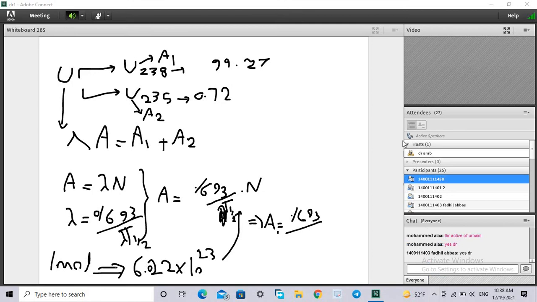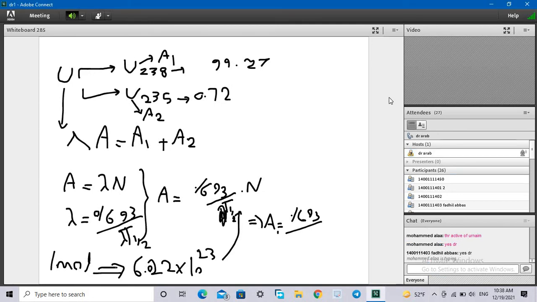Okay, A1 equals N divided by 4.5 multiplied by 10 to the 9, which is the half-life time in years, and we should convert it to seconds.